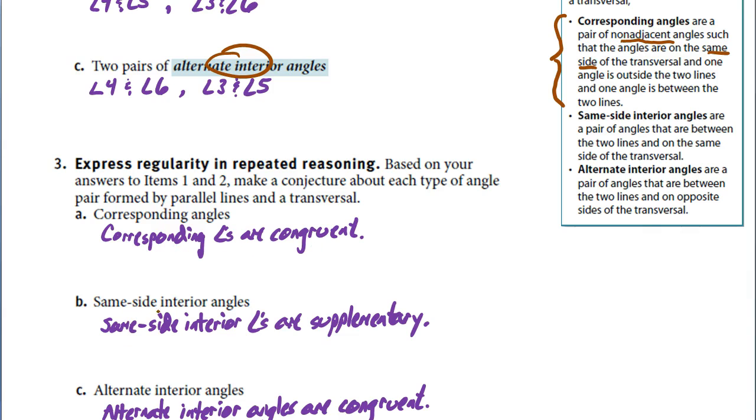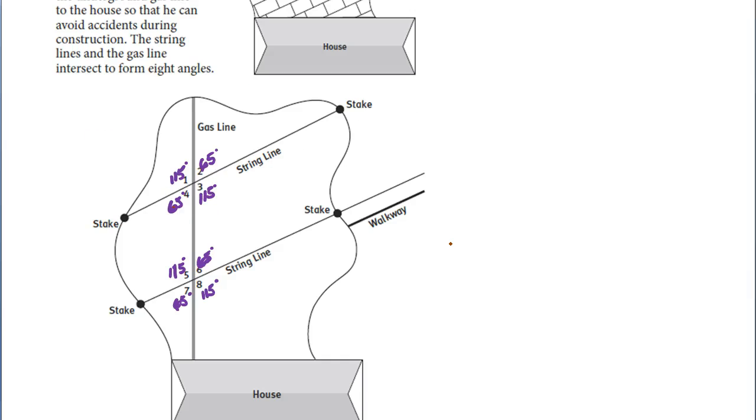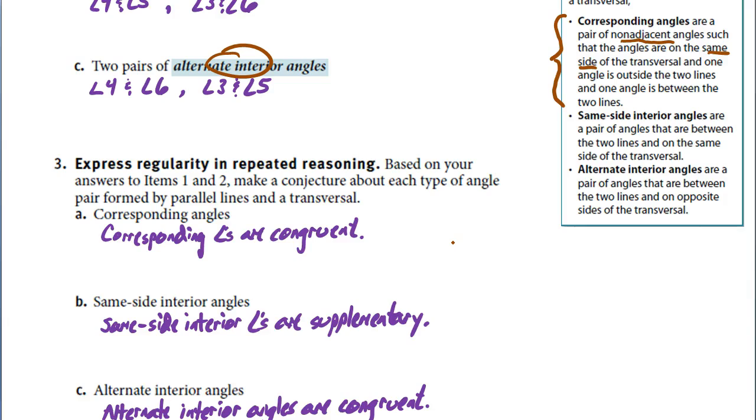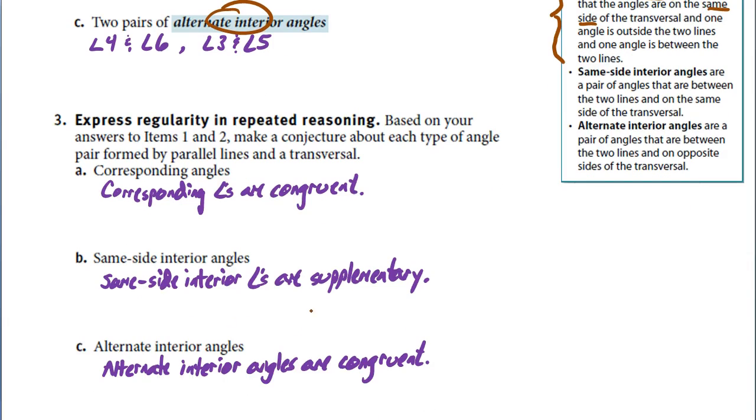Now next, same side interior angles. Let's go back and look at that drawing. Same side interior angles would be like angle 4 and angle 5, 65 and 115 degrees. Those add up to 180. Those are supplementary. And similarly, angle 3 and angle 6 add up to 180. They're supplementary. So our conclusion about same side interior angles is that they are supplementary.